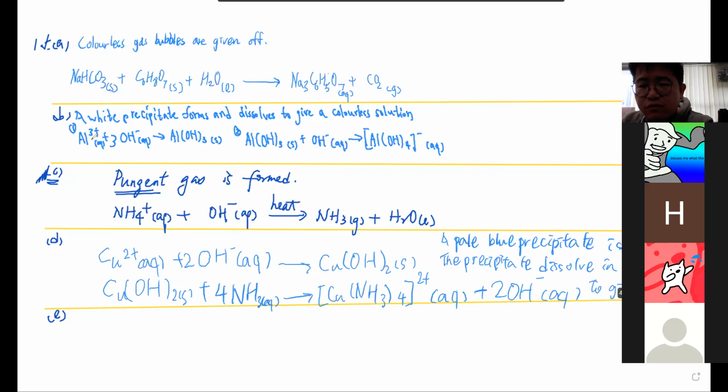You say that the mic is not functioning, but you can type. The white precipitate forms and dissolves. So whether or not there is a white precipitate, philosophically, you tell me that something is not soluble, but all of a sudden it is soluble. For the B part, it's quite interesting. Something about English: you have to give more details.